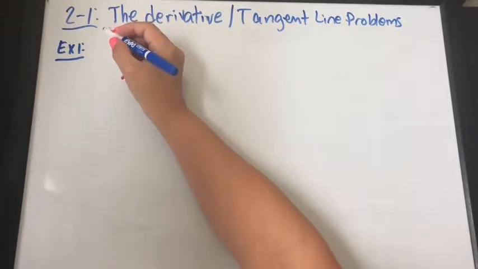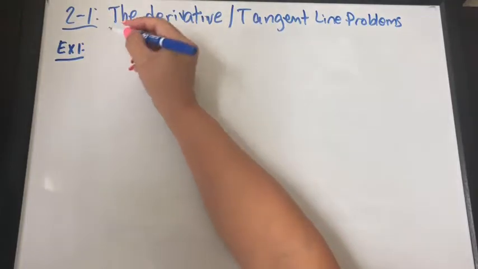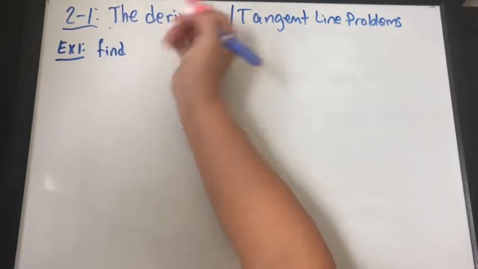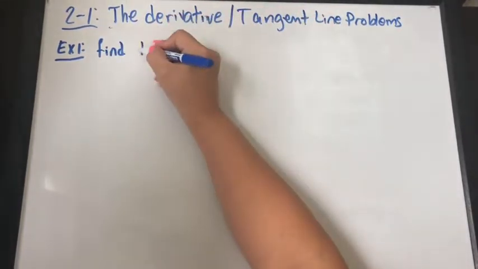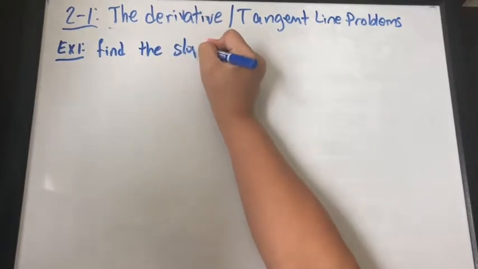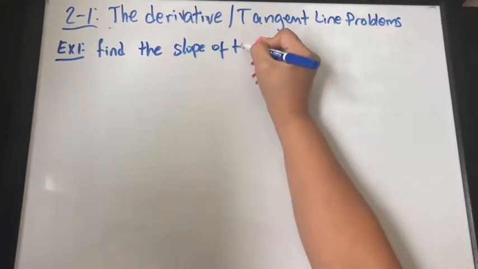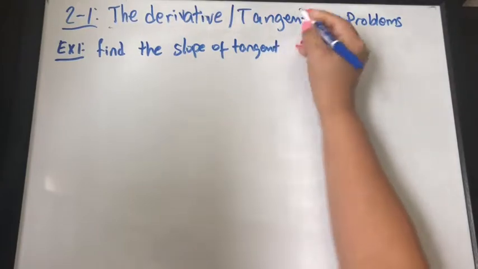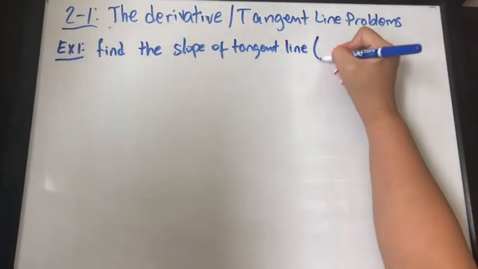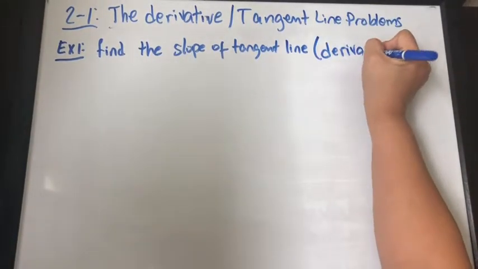Find the slope of the tangent line, and we are here introducing also the word derivative, so we can call it like that too, right?